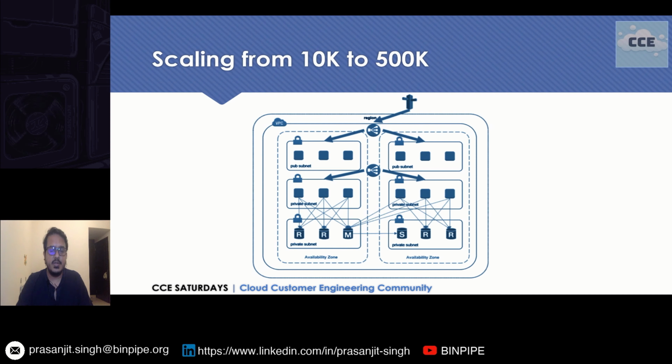You have the web tier on the top, multiple VMs, and then you have your application servers, again multiple virtual machines, which are connected to the databases, and then you have your databases which have read replicas and multi-AZ deployments. So all the databases are redundant and they can survive a failure.